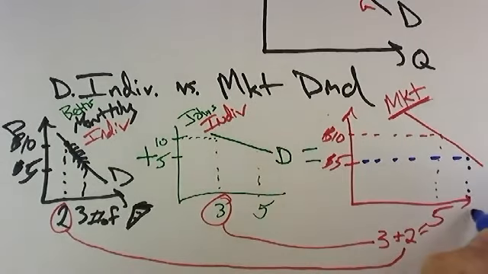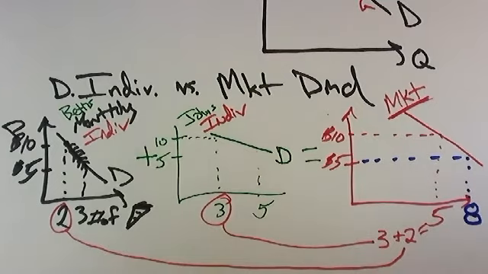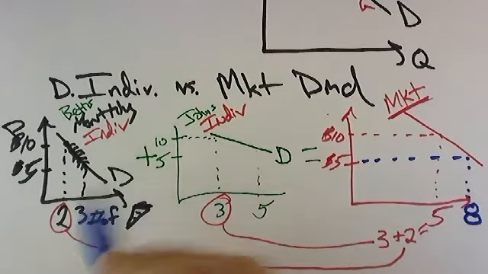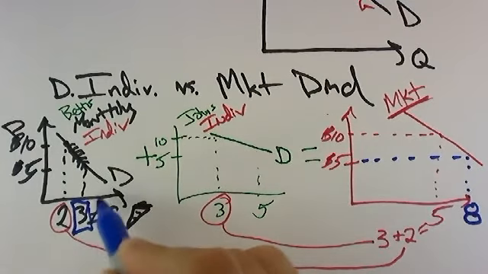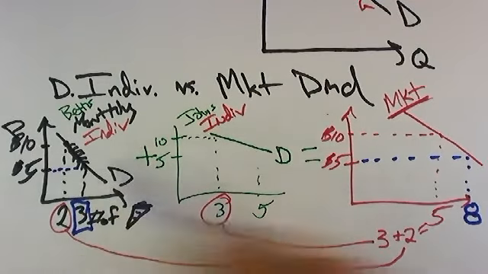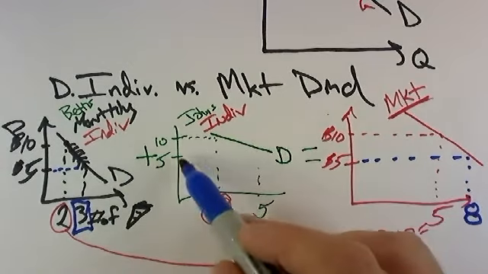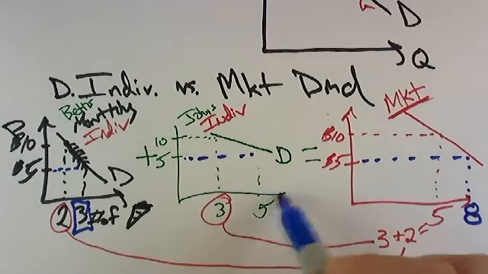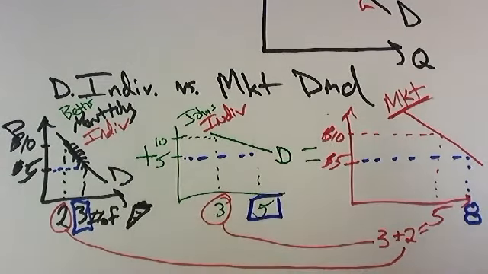If you said 8, you're correct. Why is it 8, Chris? Well, we're taking this 3 pizzas a month that Beth's demanding at $5, and we're adding the 5 from John. 3 plus 5 is 8. Any questions on that? All right, cool.